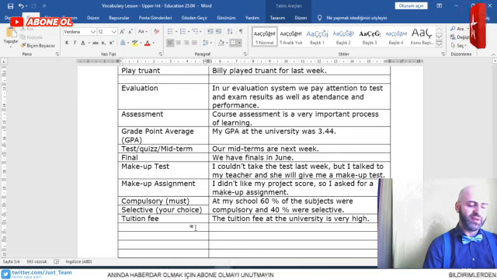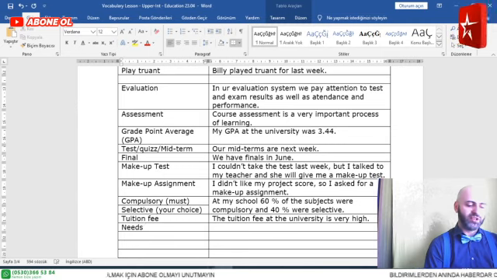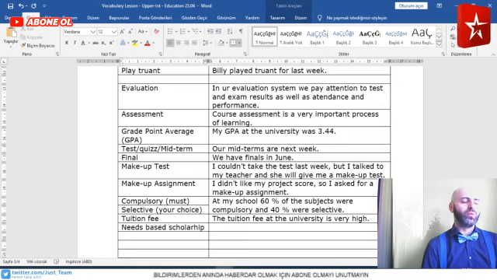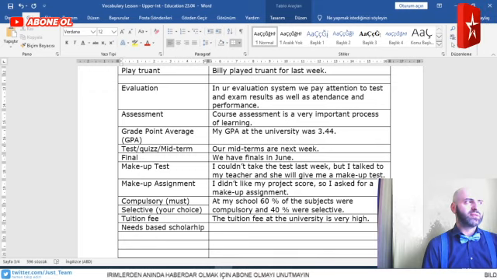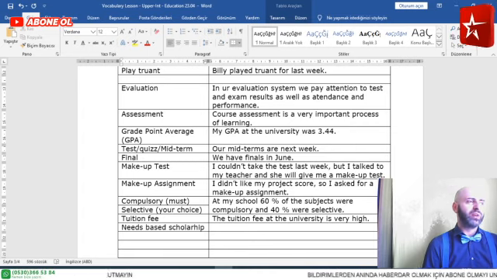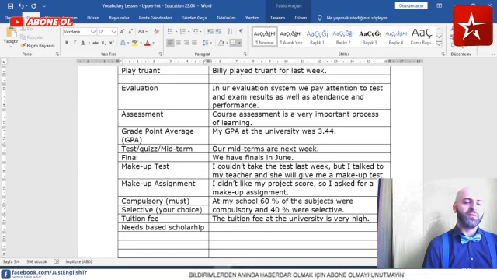One scholarship is needs-based scholarship. So when you don't have enough money, your family is not in a good financial situation, then you can apply for this scholarship, and maybe the university will give you the scholarship, or some other organization can give you the money to study at the university.